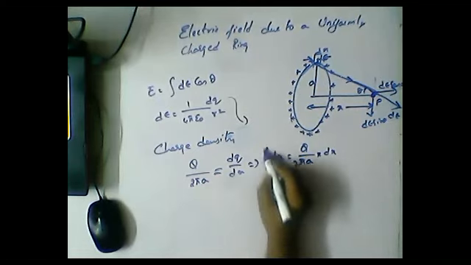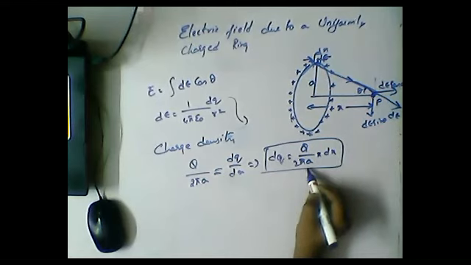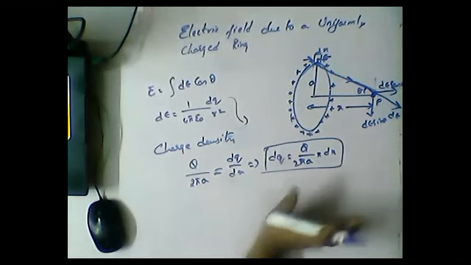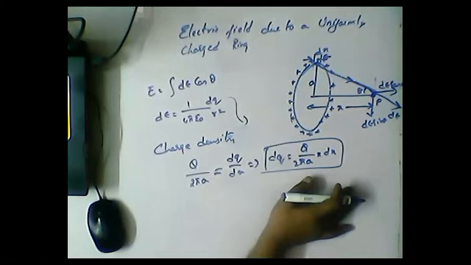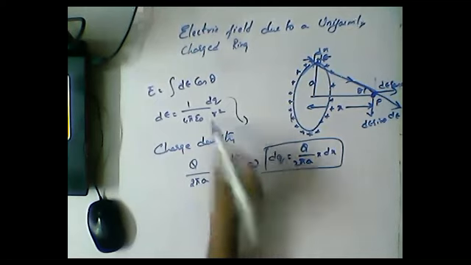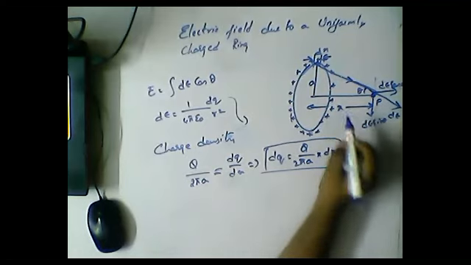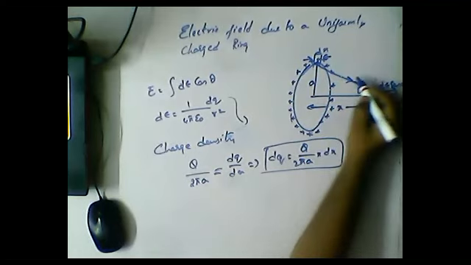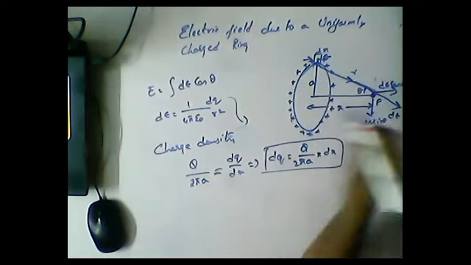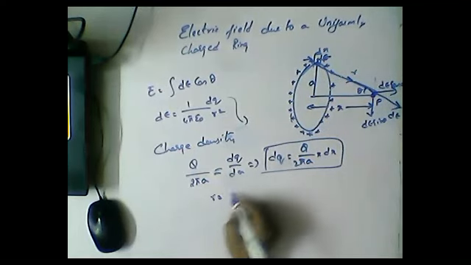Clear, guys? dq is equal to Q by 2 pi a into dx. This is the formula for your charge dq. Then what is r? If you clearly observe, r is the effective distance. So here r is equal to the square root of x square plus a square.